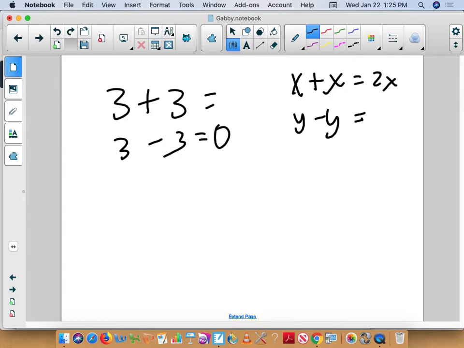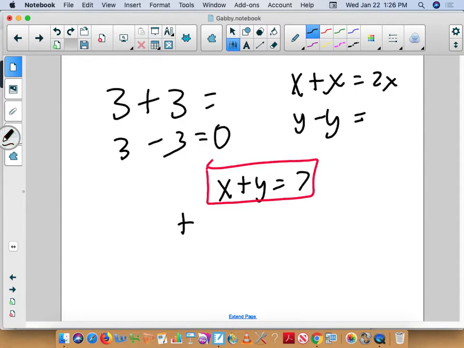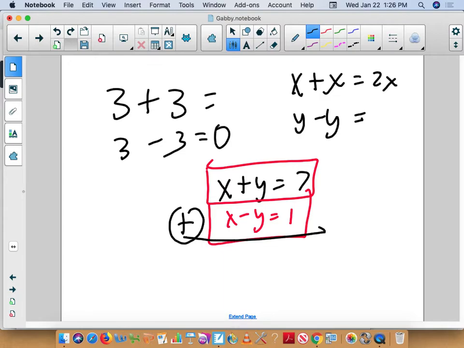I had x plus y equals 7. I'm going to take this equation and add it to this equation. X minus y equals 1. All right, so Susan, everybody else, I'm adding, okay? Do you see that plus sign? That means I'm adding all the columns.